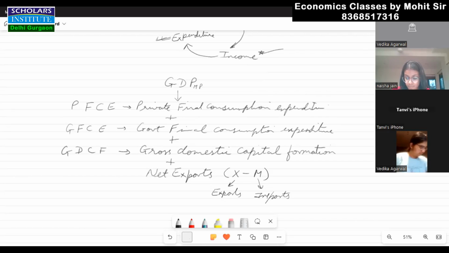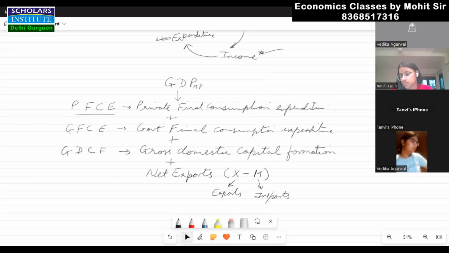So let us come back to this PFCE, private final consumption expenditure. What is this? This is basically the expenditure done by the households on buying goods and services. To live our life, we need clothing, we need food, we need shelter, we need so many things. We need transportation.